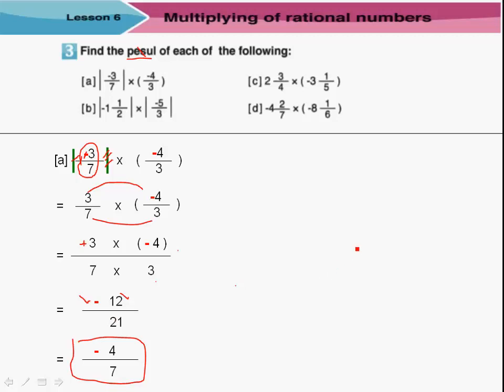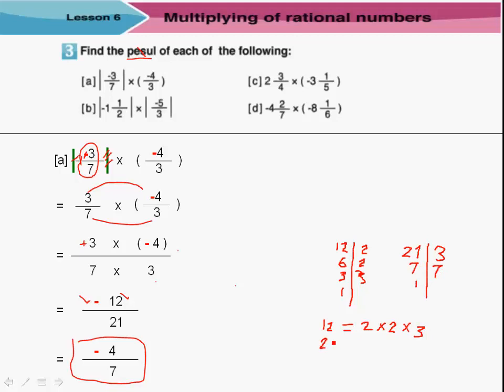But I told you before it can be done something like this. Make the analysis of 12. 12 divided by 2 is 6, divided by 2 is equal to 3, divided by 3 is equal to 1. So 12 equals 2 times 2 times 3. For 21, make the analysis: divided by 3 is equal to 7, and 7 divided by 7 is equal to 1.